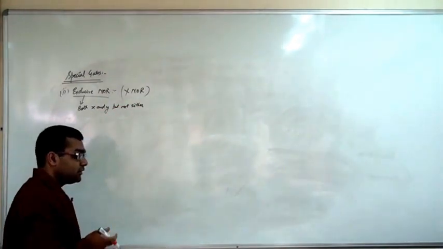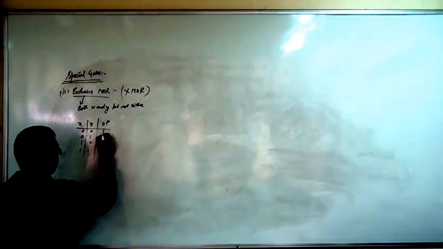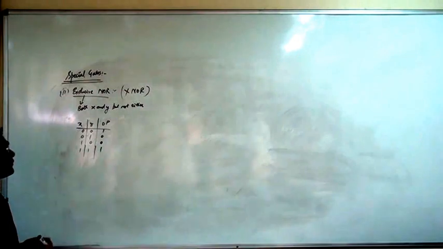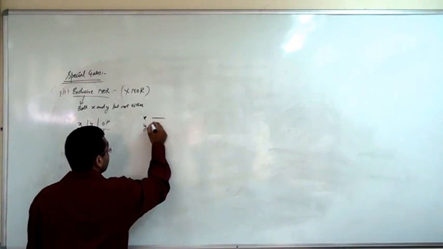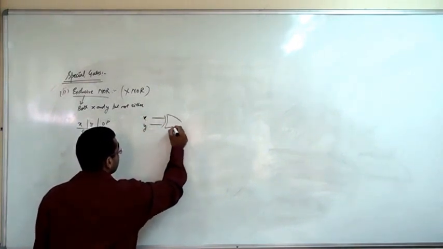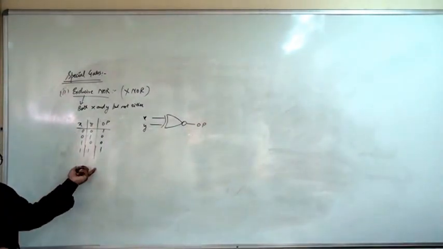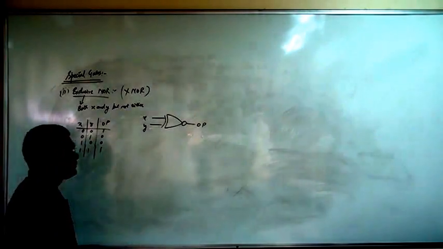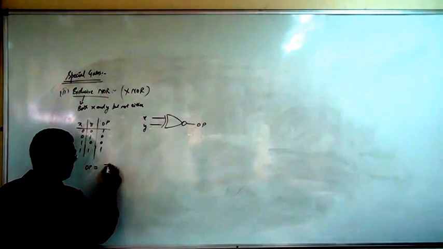That means here both inputs should be the same, and only then the output will be 1. Its symbol goes like this. Either you put a NOT in front of the XOR, because essentially it is the complement of XOR; the output can be written as X XOR Y, with a complement.